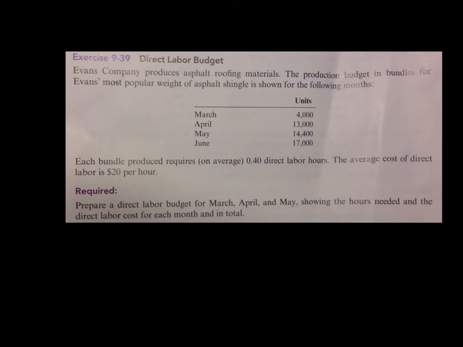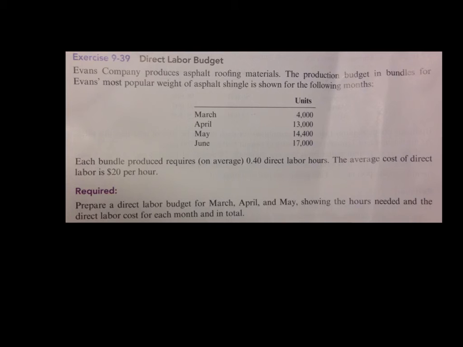Units: March 4,000, April 13,000, May 14,400, June 17,000. Each bundle produced requires on average 0.40 labor hours. The average cost of direct labor is $20 per hour. Required: prepare a direct labor budget for March, April, and May showing the hours needed and the direct labor costs for each month and in total.